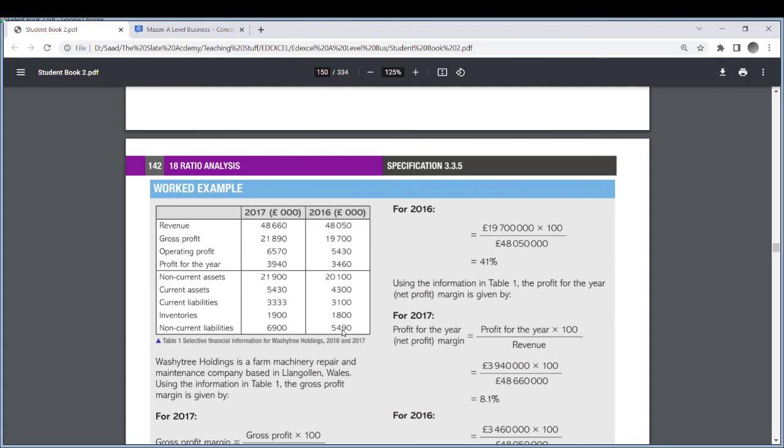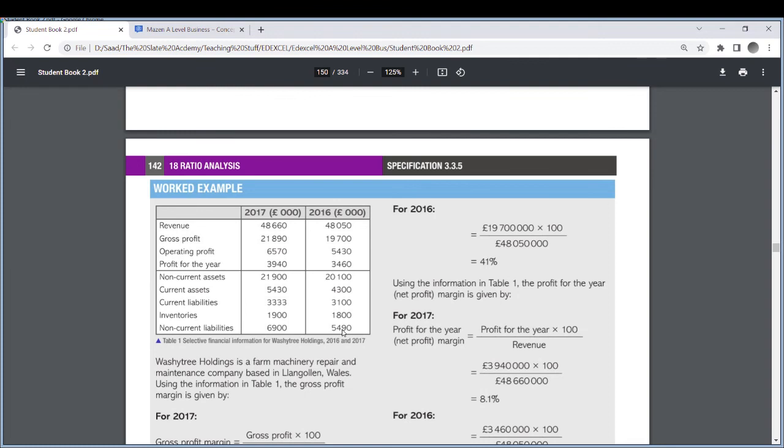Oh, okay. So this is equity. I got the same number, 15810. This is equity. In this equity, you have to add non-current liabilities to get capital employed. I added non-current assets.